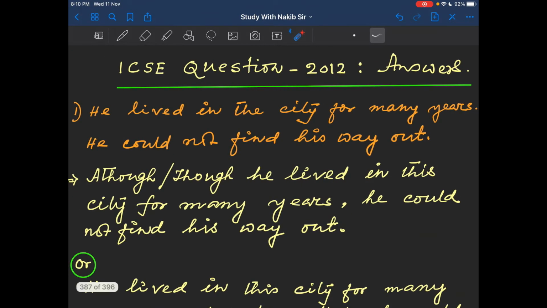Now come to the answer. ICSE question 2012 answers. But you know how to do the works. You have to do the works on two levels. First, the logical level or intellectual level you have learnt, and second, the mechanical level.